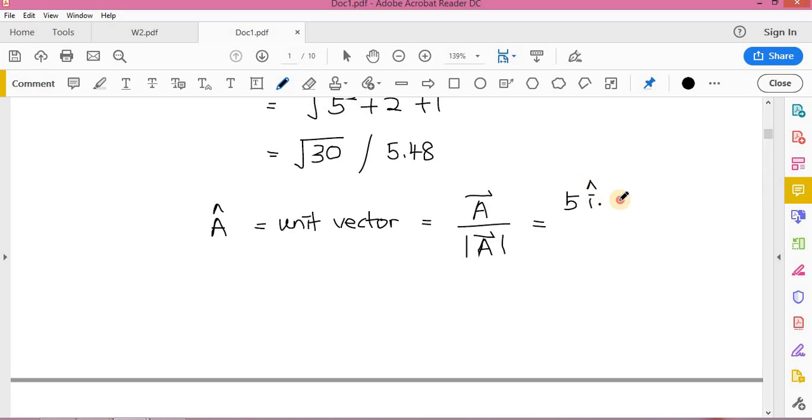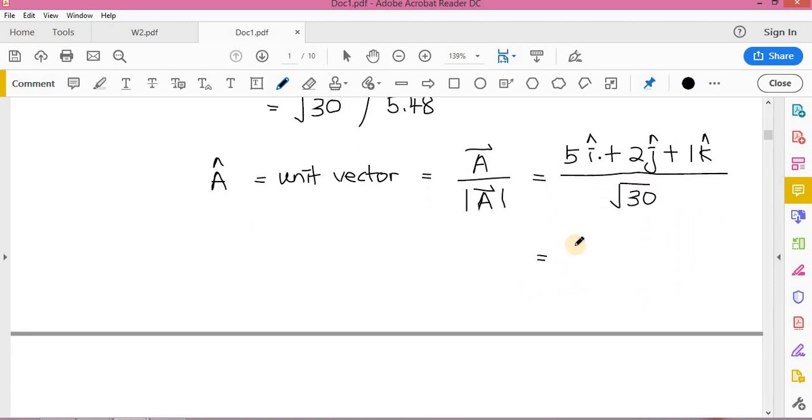So for unit vector A, it will be 5i plus 2j plus 1k, divided by the square root of 30. You can leave your answer this way, or you can divide it one by one.